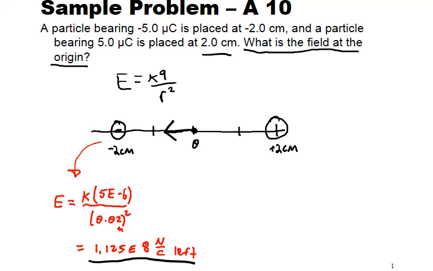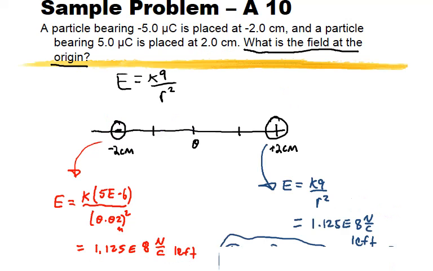Now we pretend this one's not here, and this is the only one. If we place a proton here, where would it go? The proton would also go this way. So when we calculate this one, it's going to be blank newtons per coulomb to the left, and that's what we get there: 1.125 times 10 to the 8th newtons per coulomb to the left.